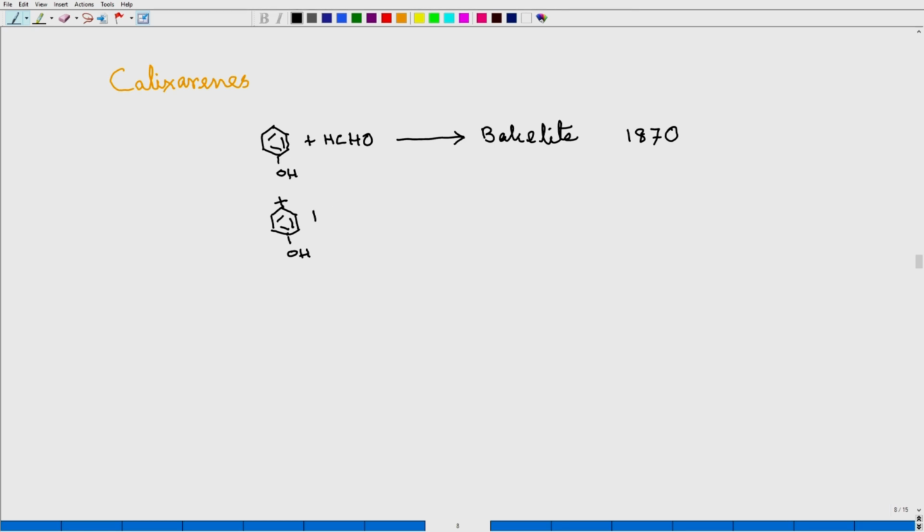If we react with formaldehyde in some neutral solvent, they use linseed oil as the solvent. Linseed oil at 200 degrees Celsius and for several hours.